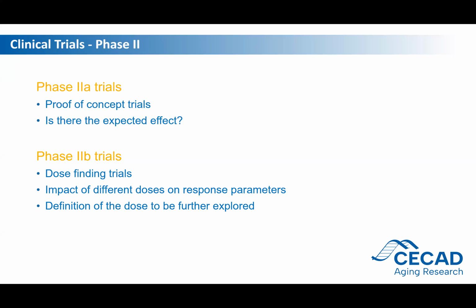So it may be useful, depending on complexity and what you want to see, to split these phase trials in a proof of concept and then a dose finding part.